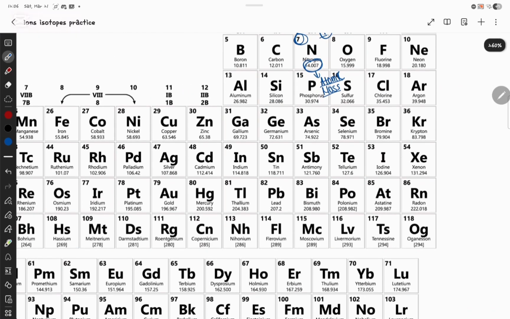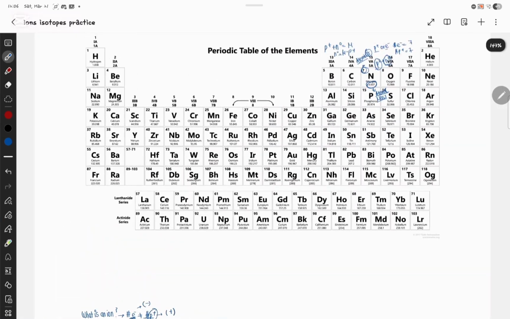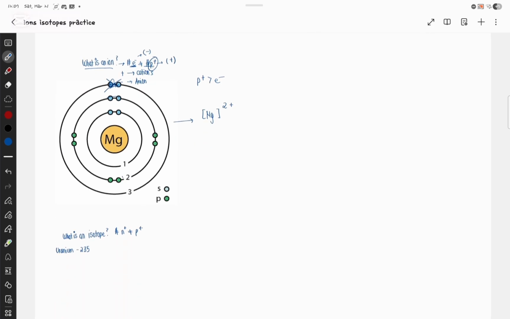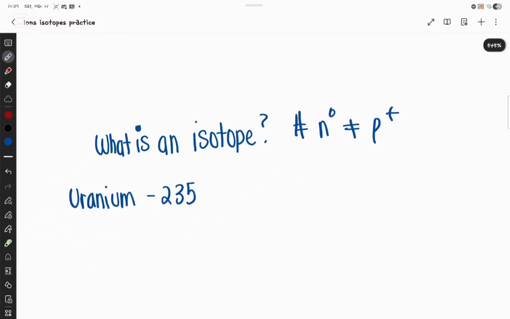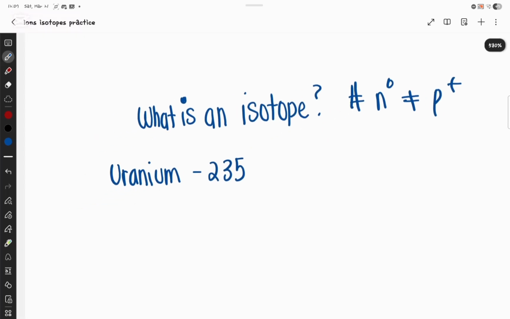Okay, so that is your little introduction to the periodic table. So now to get back, what is an isotope? An isotope is when the number of neutrons is not equal to the number of protons in an atom.